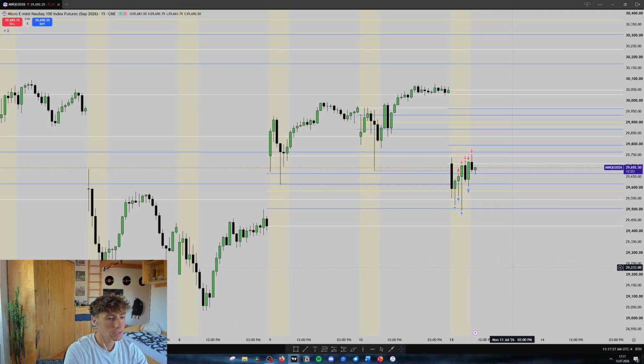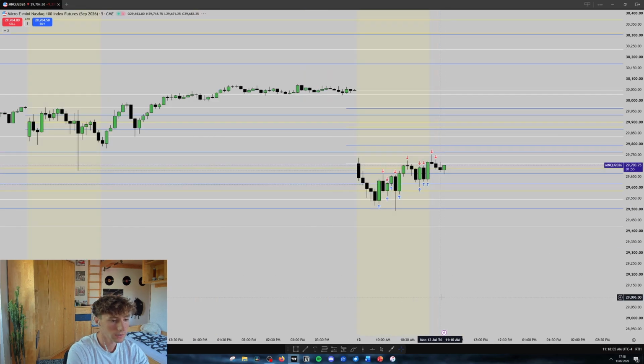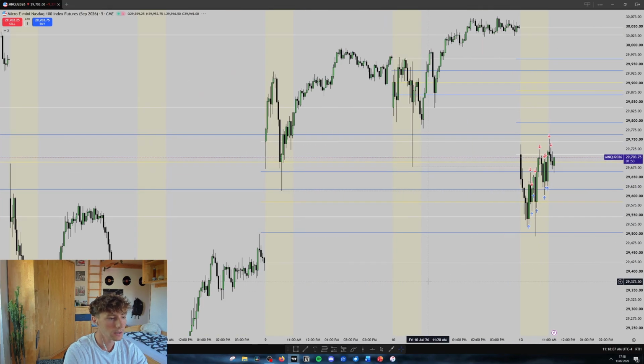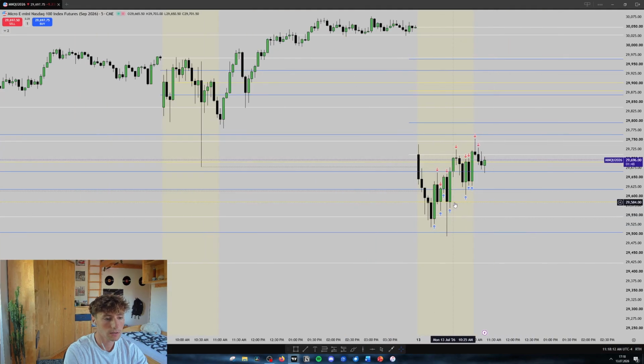What was important to me is the sell-side liquidity right here and also right here, and therefore also the gap right here. How we react on the quadrants, I'm looking at the 5-minute chart right here, and we can see that we definitely respected CE right here. That's important if we take a look in a second at the manipulation which occurred right here.